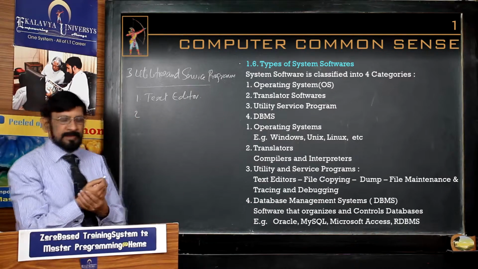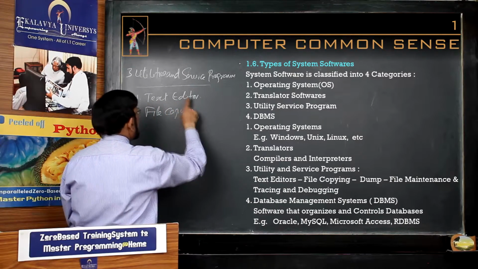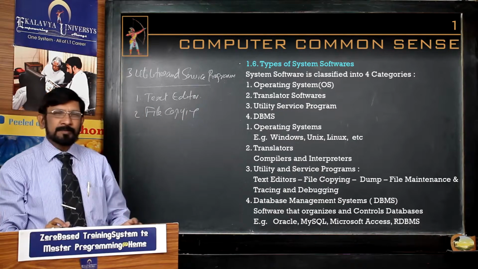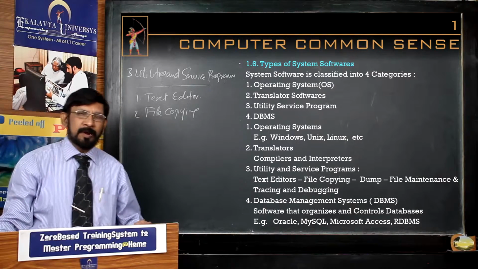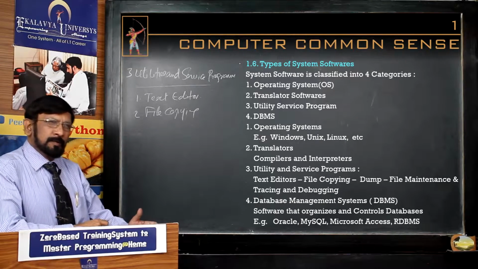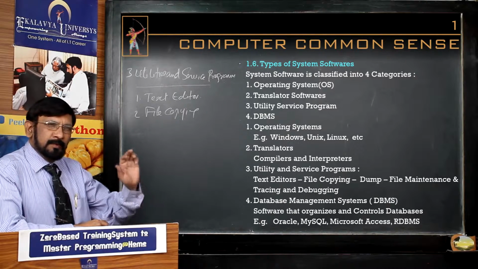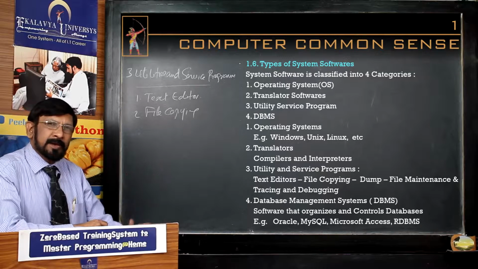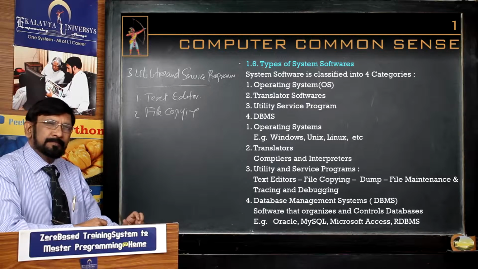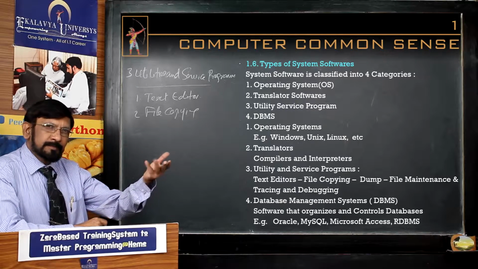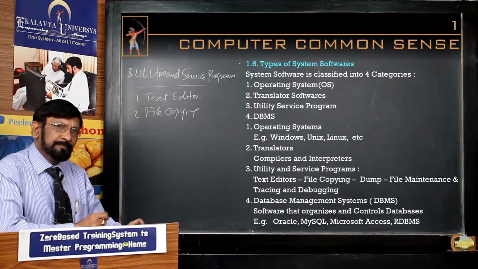Next, the second one is file copying. Actually, we cannot 100% rely on any electronic system. Anything may happen to the hardware. So we should very frequently take care of our data. Otherwise, if anything goes wrong in the system, our data is corrupted and we cannot retrieve it. That's why very frequently we take backup copies of our software, programs or data.